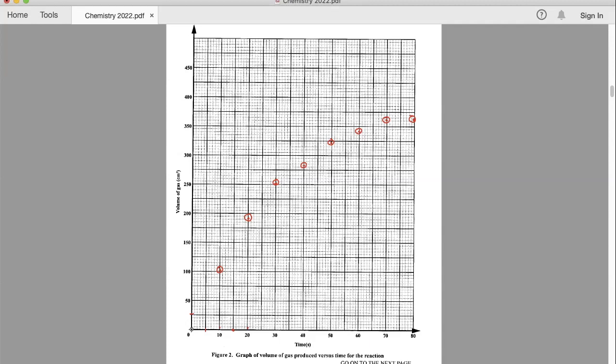All right, so we're not finished. We would have plotted. We now need to connect these points that were plotted, and we're going to do this using a curve. I'm not going to use a straight line. So we're going to do it free-handedly, and we should get a nice curve.